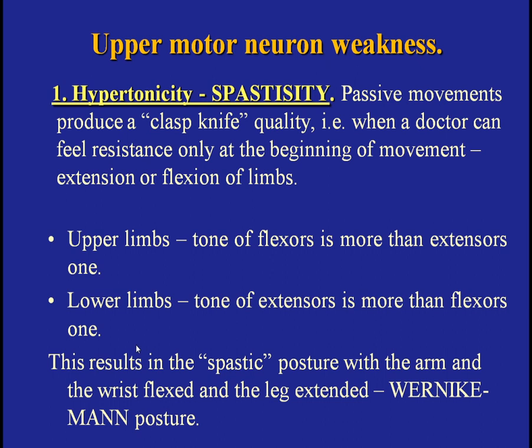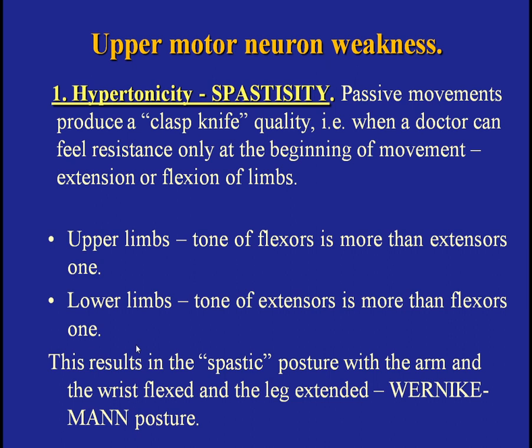Do you remember clinical features of the upper motor neuron weakness? I want to revise. The first clinical sign, very important for us, for distinguishing process, is spasticity, special type of hypertonicity. Passive movements produce a clasp knife quality, when a doctor can feel resistance only at the beginning of movement, extension or flexion of limbs.